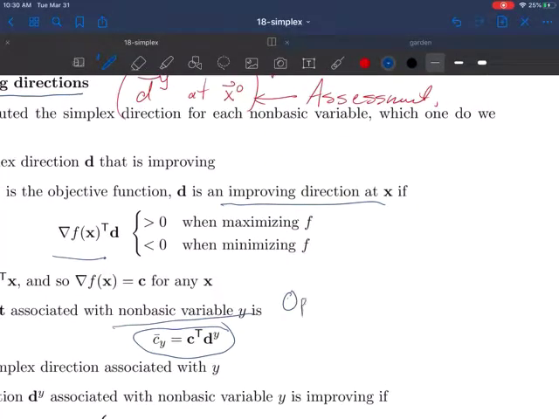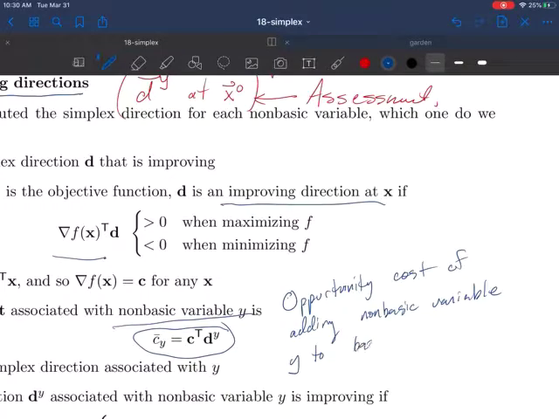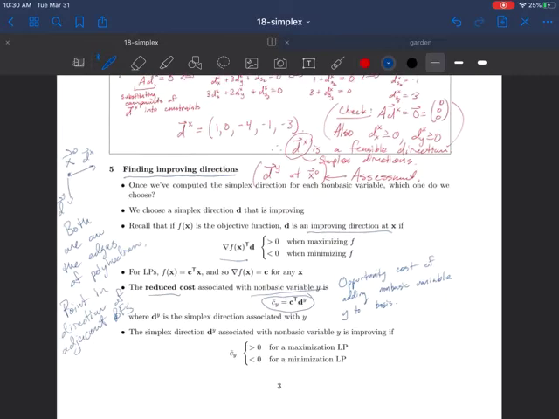Why do we call it reduced cost? What we're trying to imply is that this is sort of like the opportunity cost of adding the non-basic variable y to the basis.